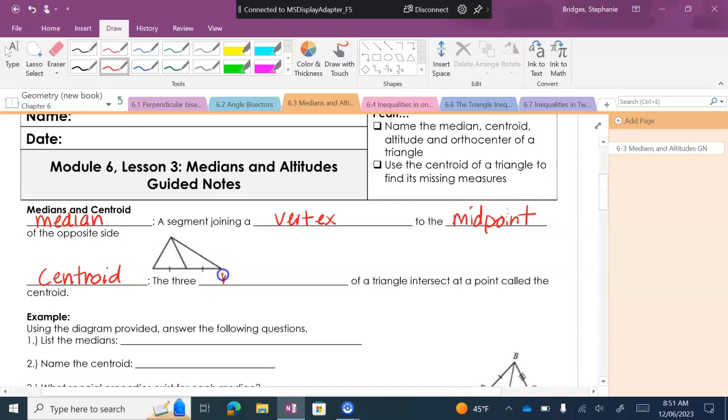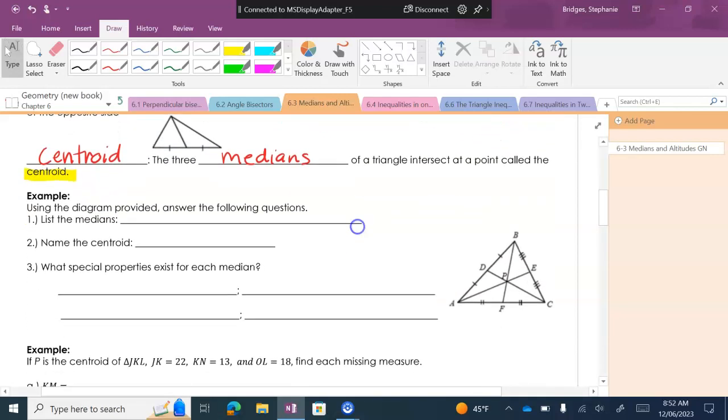And that is, the three medians of a triangle intersect in a point called the centroid. Everybody good?